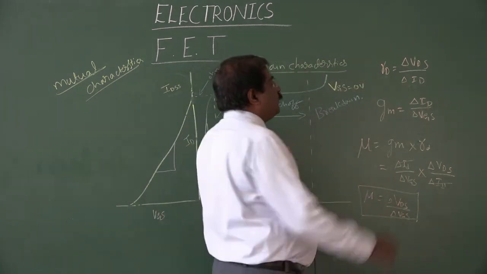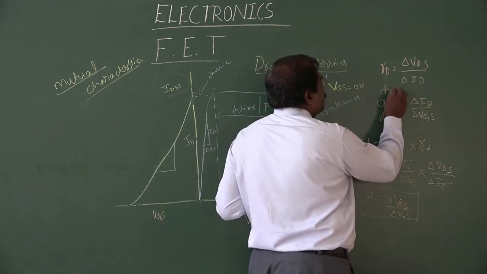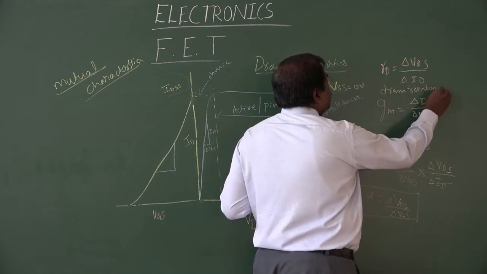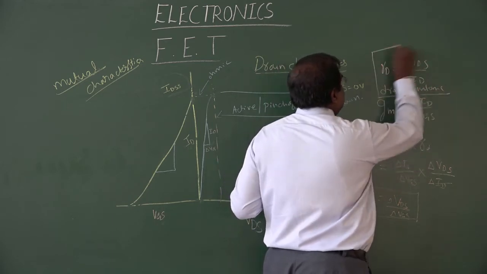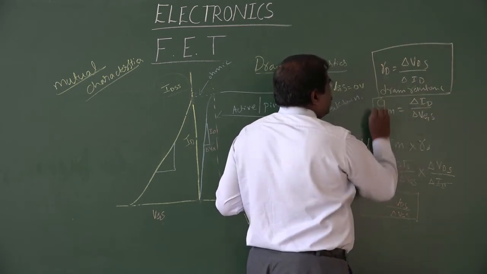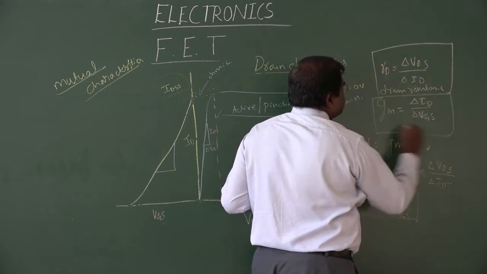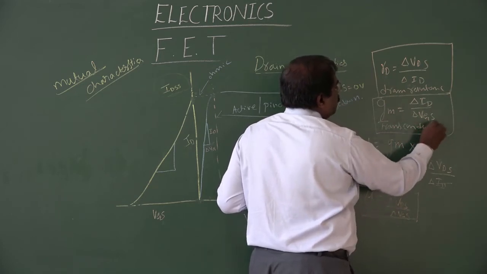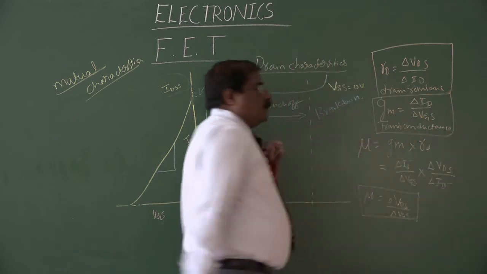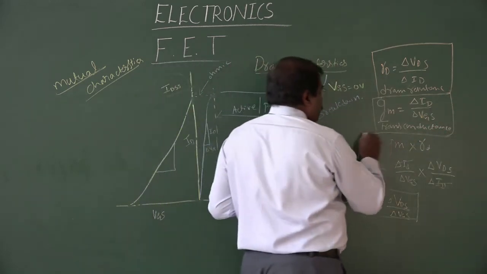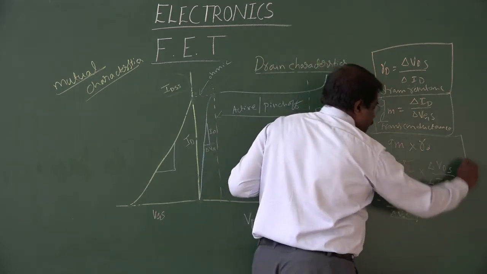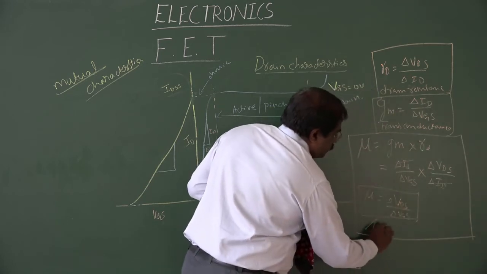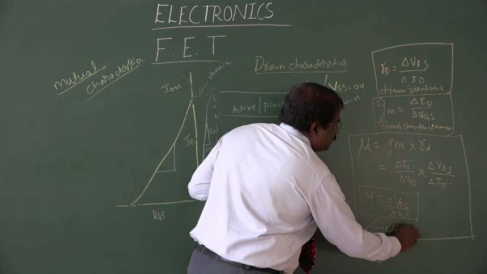So one is the drain resistance RD, GM is the transconductance, whereas this mu is another parameter, that is what we declare as amplification factor.